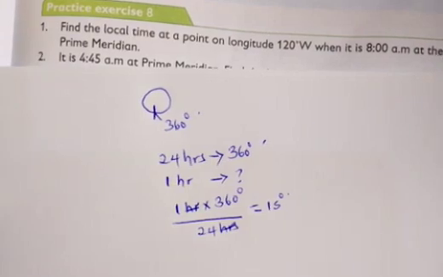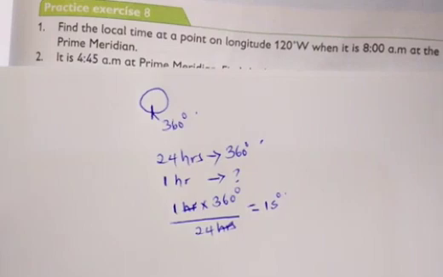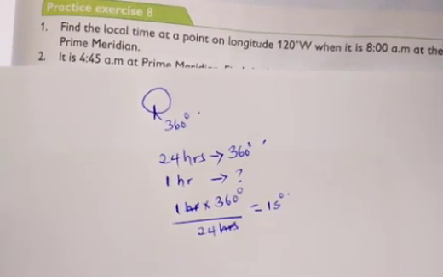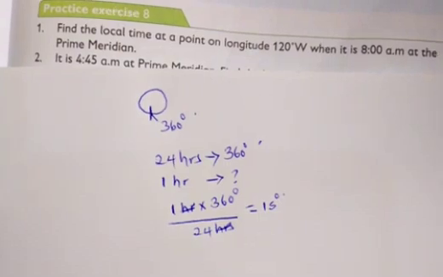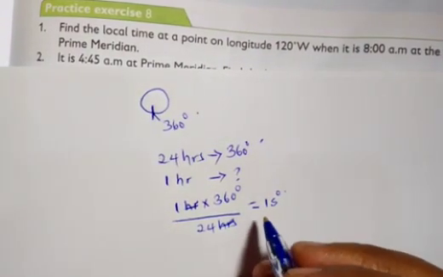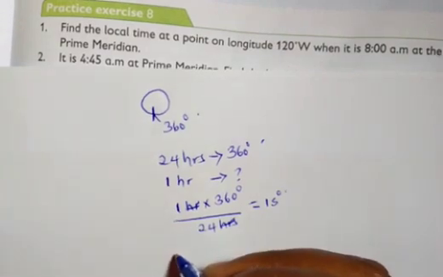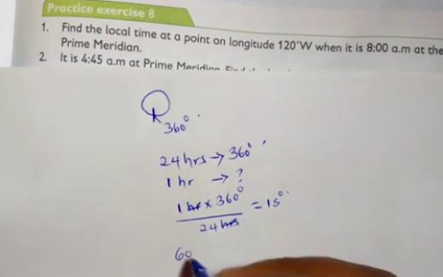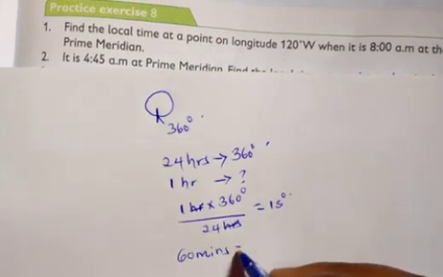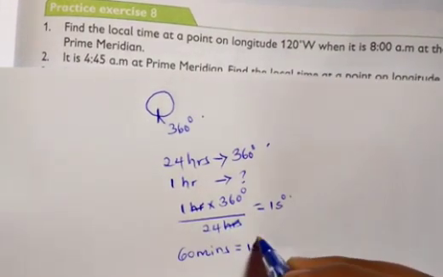We also want to know how long it takes to cover 1 degree. If in 1 hour 15 degrees are covered, and 1 hour is the same as 60 minutes, then in 60 minutes we have 15 degrees.